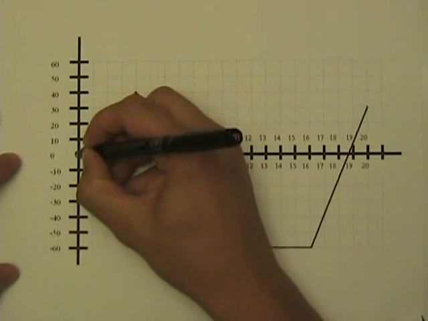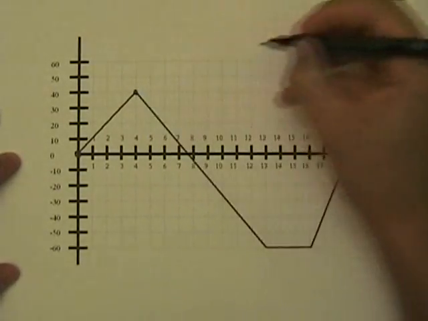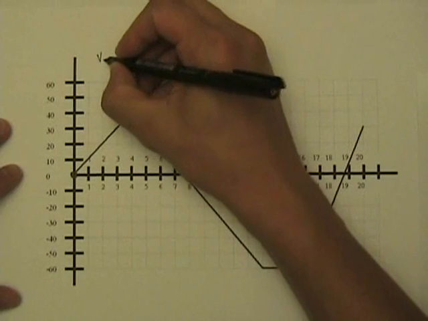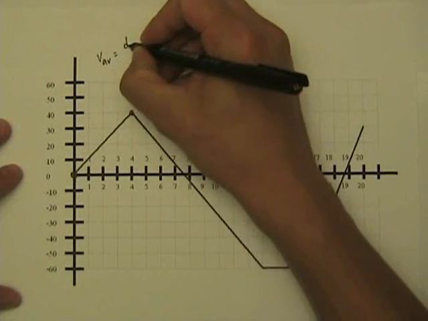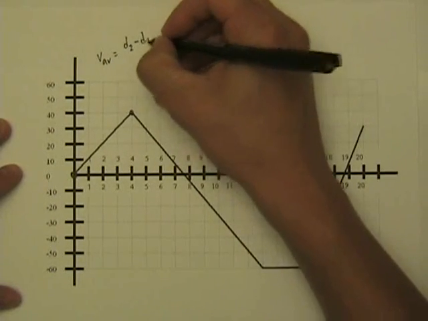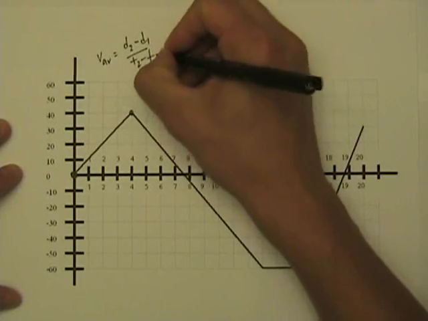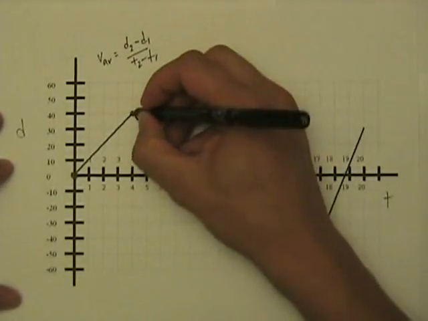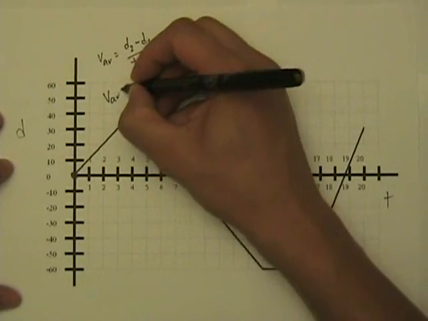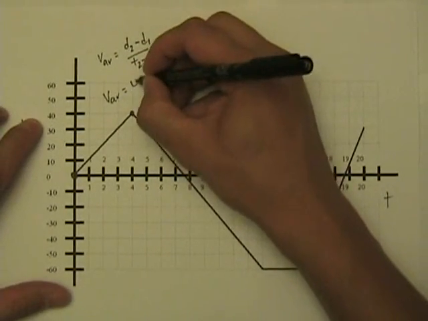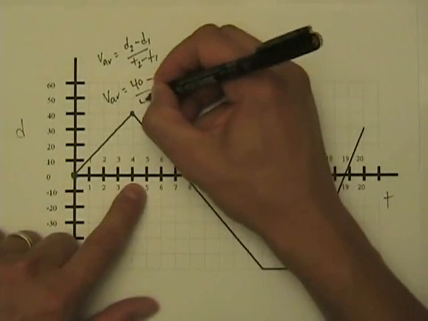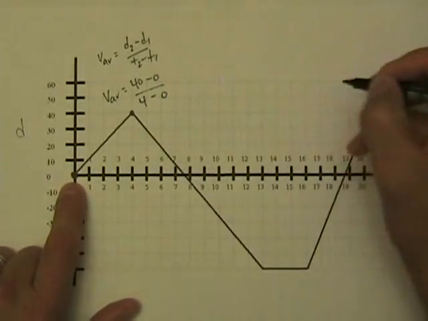So we want to figure out how fast you're going from here to 4 seconds. I don't know if you remember that on a DT graph, your average velocity is d2 minus d1 over t2 minus t1. So for this one, d2 is 40, minus d1, which is 0, over t2, which is 4, minus t1, which is 0.